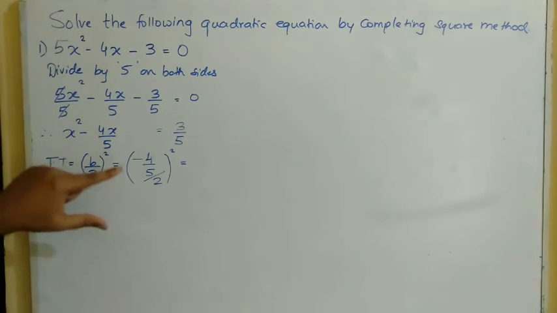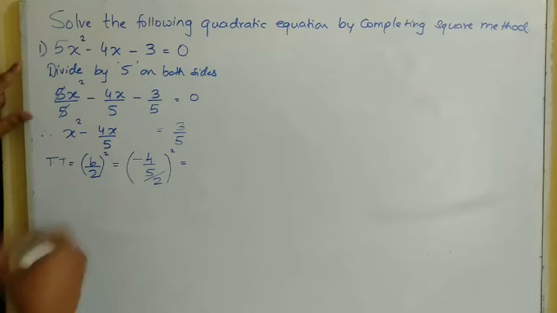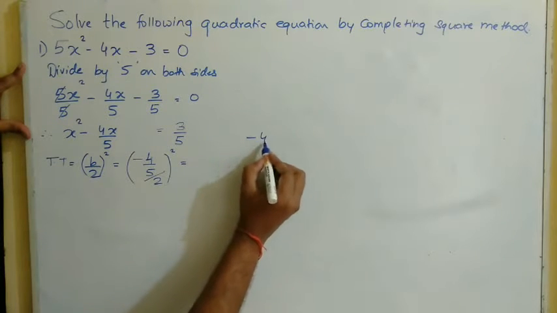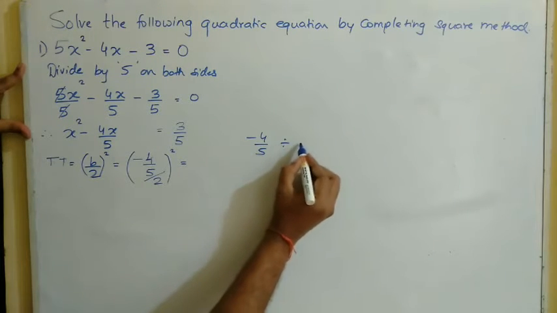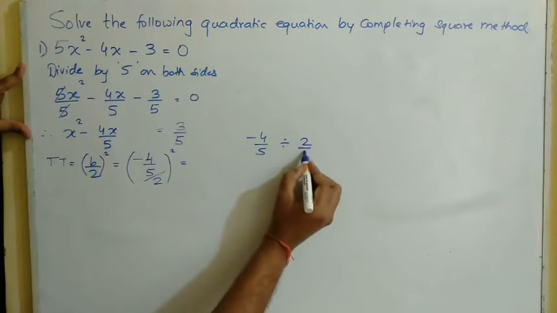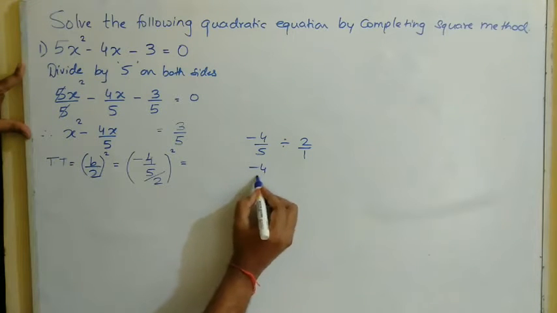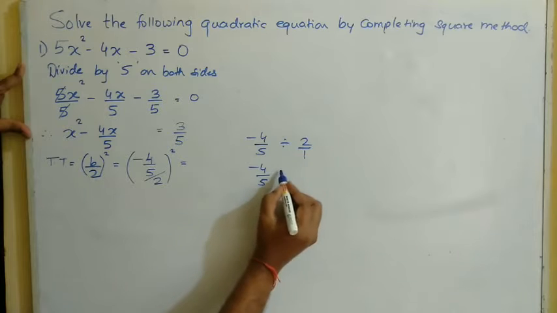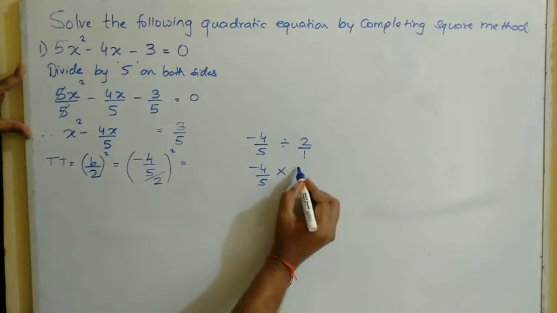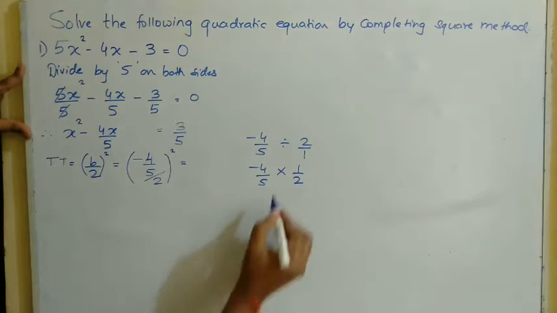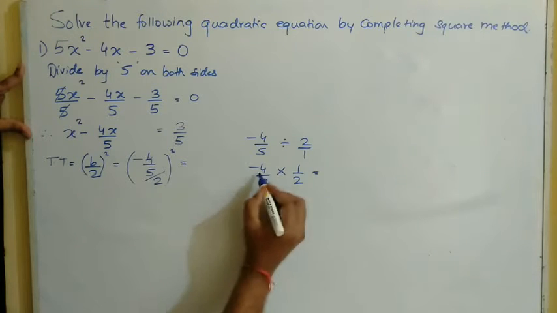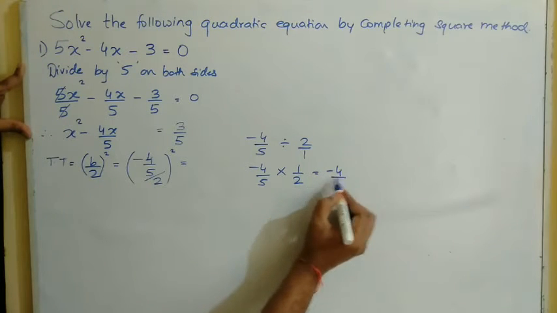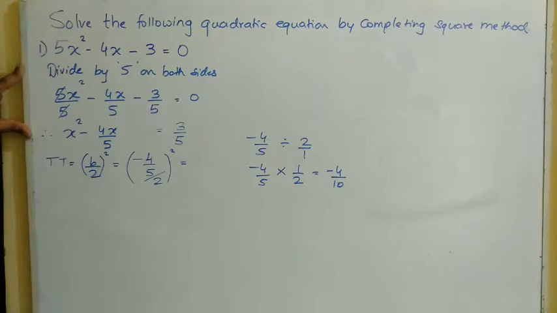Now students, how to do this? See, minus 4 upon 5 divided by 2 is the same as minus 4 upon 5 divided by 2 upon 1. So I will write minus 4 upon 5. This divide will become multiply and this will become the reciprocal. It will become 1 upon 2. So we will get minus 4 into 1 is minus 4 upon 5 twos are 10.